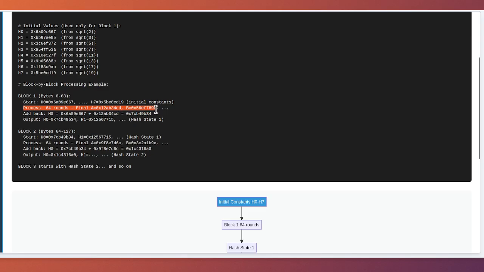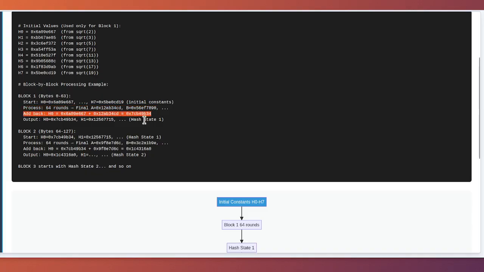In round 0, we compute T1 equals H plus sigma 1 of E plus CH of E, F, G plus K0 plus W0. We compute T2 equals sigma 0 of A plus Maj of A, B, C. Then we shift all the variables. After round 0, A gets a new value of T1 plus T2.